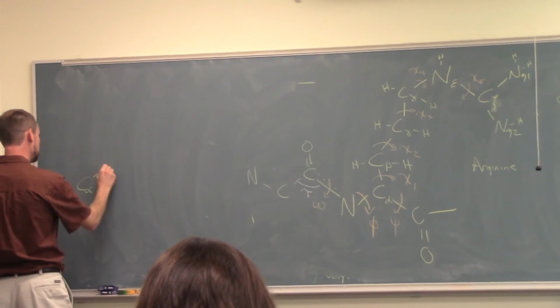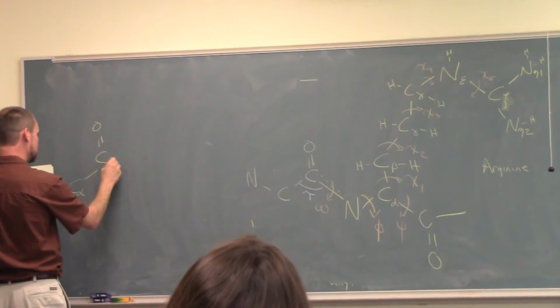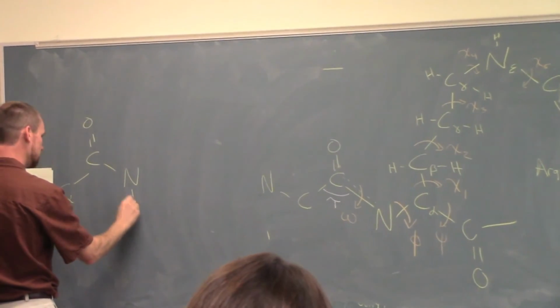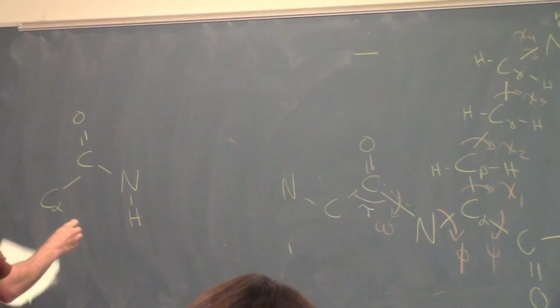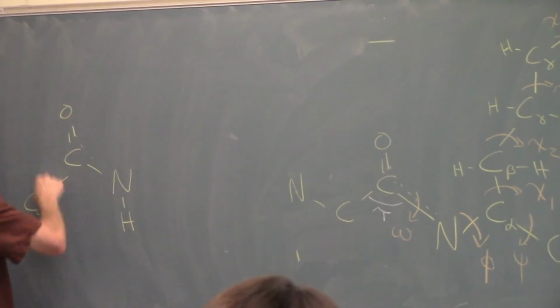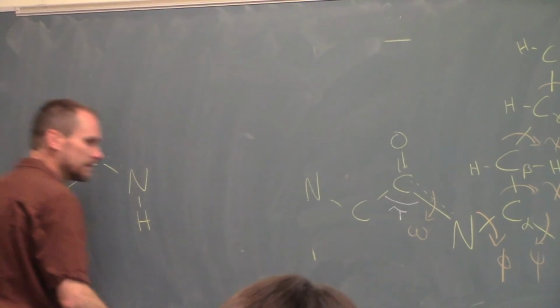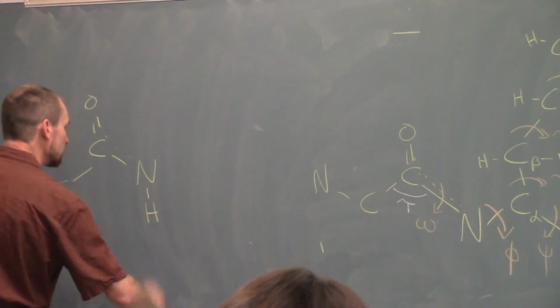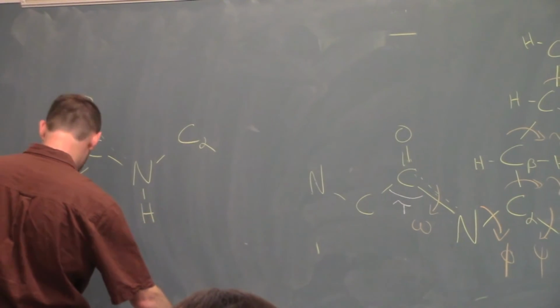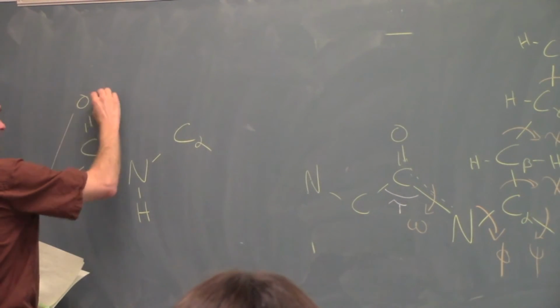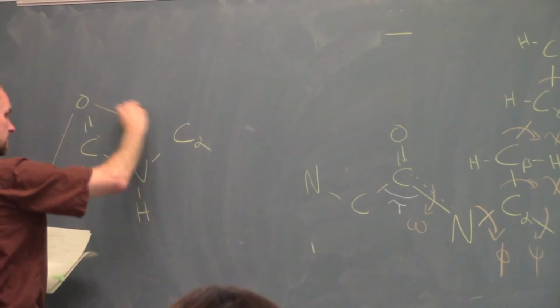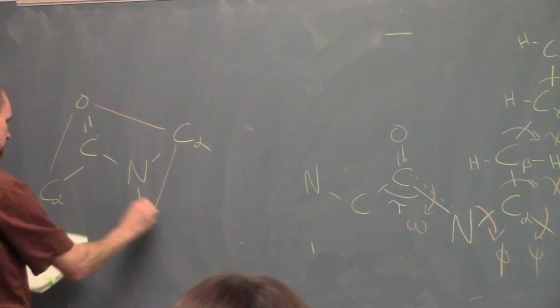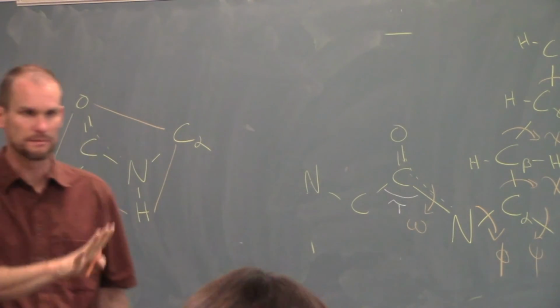If we draw C alpha, C, O, N, H, because of this bond, these all become planar, and we end up having this set of atoms all in one plane.